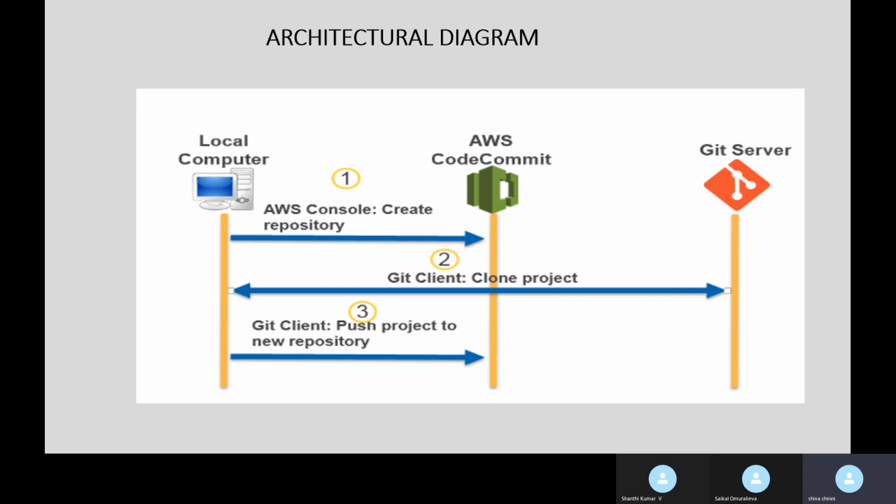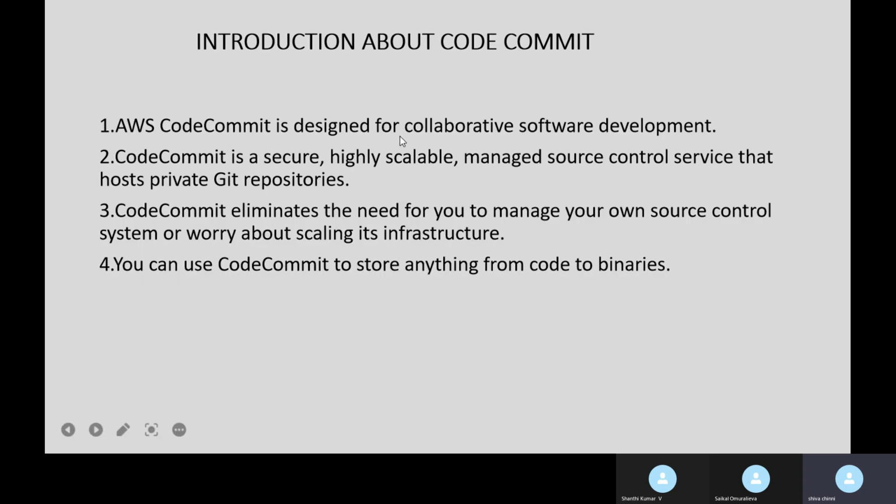Let me go to the next slide. This is the introduction about CodeCommit. CodeCommit is designed for collaborative software developers to push changes through the pipeline. The developers write the code in their local environment, and whenever changes occur, through the pipeline they go directly to the production server. CodeCommit is a secure, highly scalable, managed source control service that hosts private Git repositories.